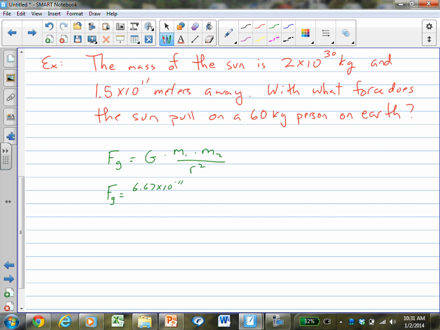And big G is 6.67 times 10 to the minus 11 newtons times meters squared over kilograms squared, times the mass of the sun, times the mass of the person, over the distance they are apart squared.